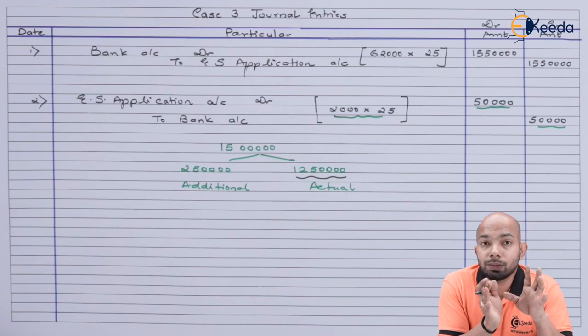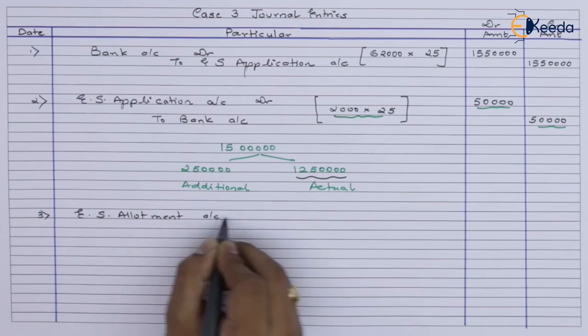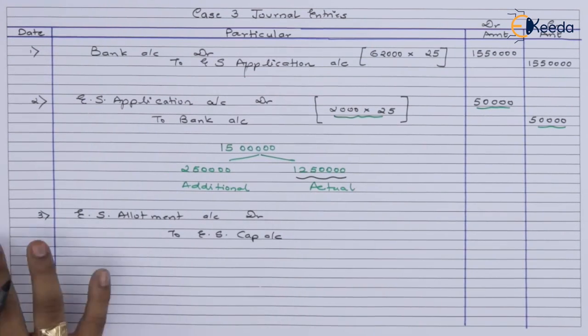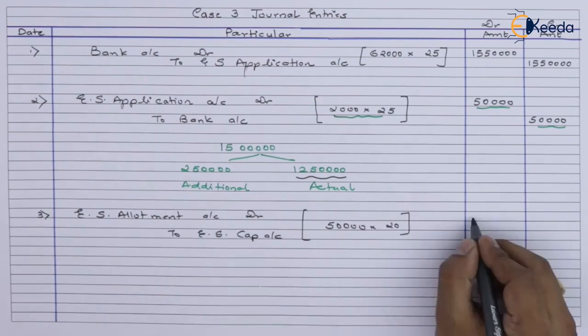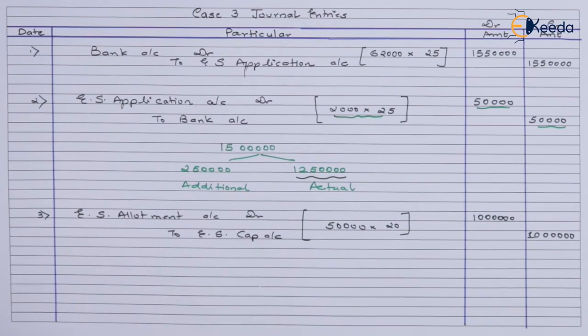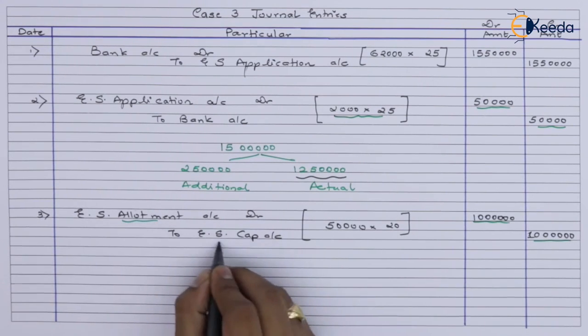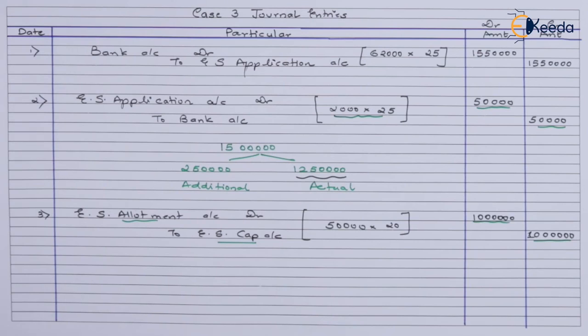This is called adjustment. Ideally in terms of allotment, you're supposed to receive 10 lakh rupees. Now you additionally have 2 lakh 50,000 which was received in terms of application money. So instead of 10 lakh, you will receive 10 lakh minus 2 lakh 50,000, which gives you a value of 7 lakh 50,000. So you'll receive only 7 lakh 50,000 here.